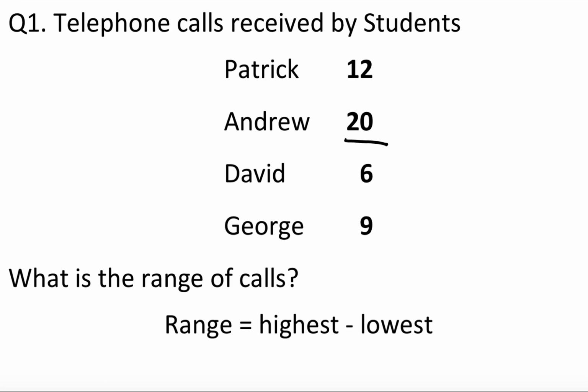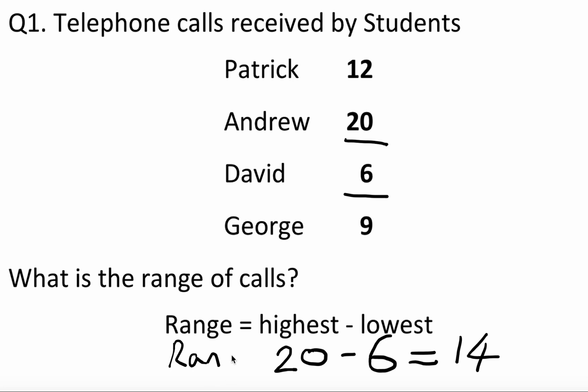So if we put that down here, 20 being the highest, minus the lowest, which will be George. No, not George, David. He had 6 calls. So 20 minus 6 is 14. So the range equals 14. Not too difficult. As long as you know what the range is, you'll be able to answer that question.